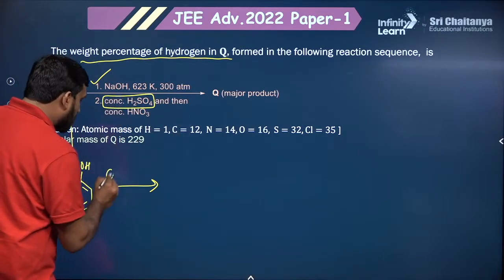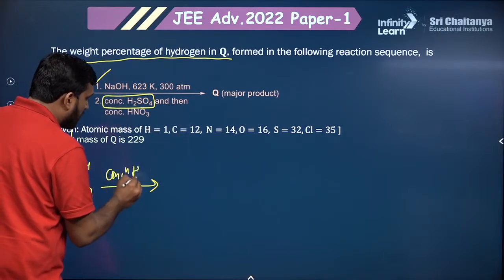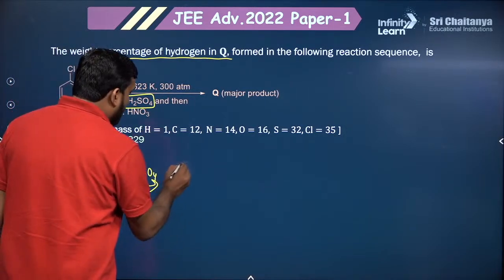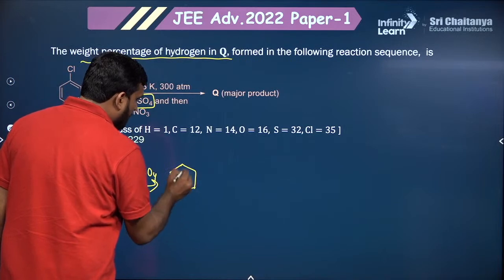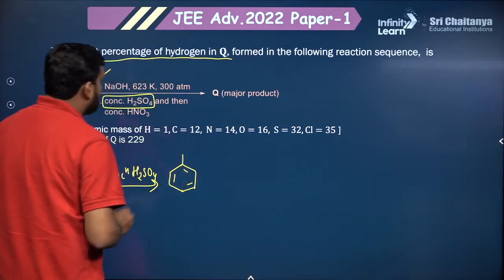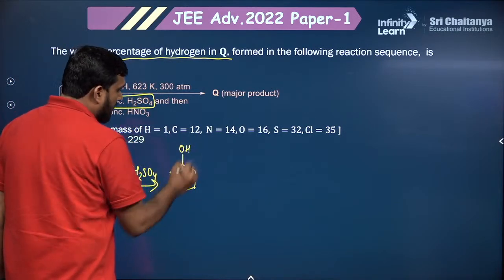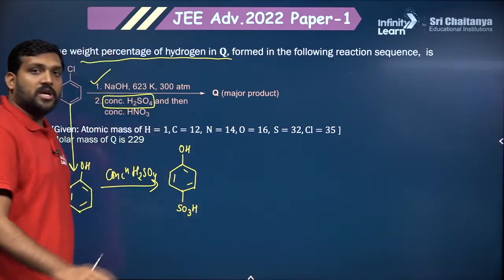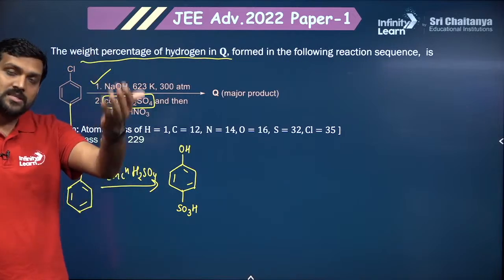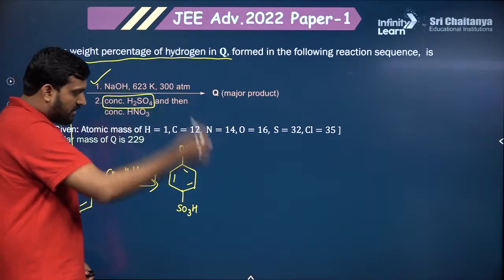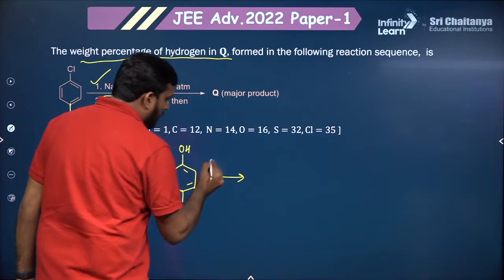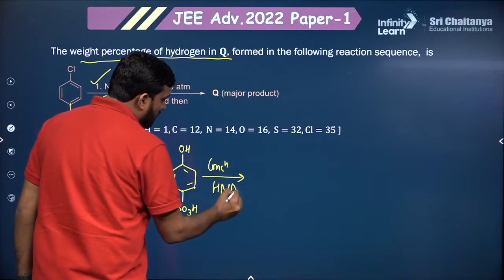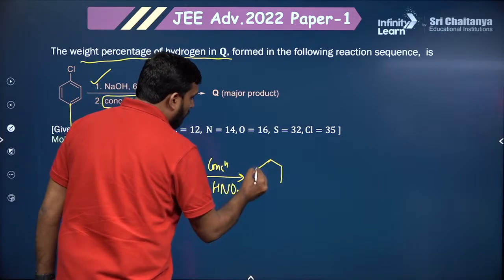So sulfonation will take place, and once sulfonation takes place, it will deactivate the ring. Now the concentrated HNO3 can't oxidize it as much as it was oxidizing earlier. So if you use concentrated HNO3 here, the only possible product will be trinitrophenol.